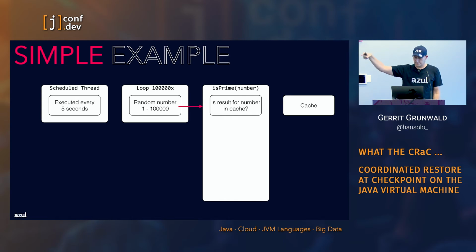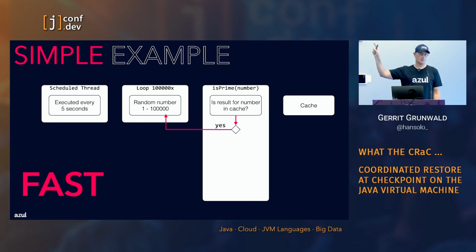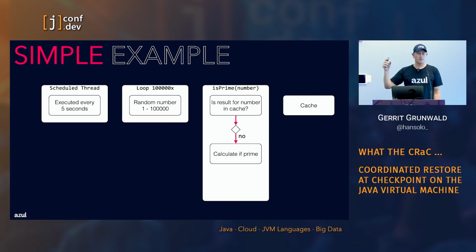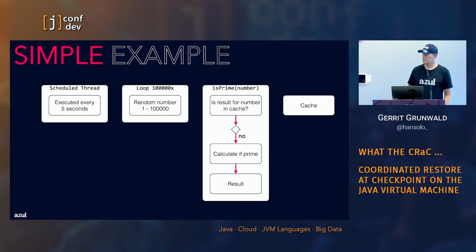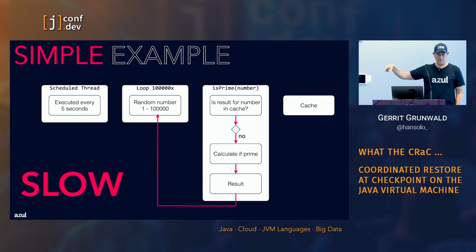In the isPrime method, the first thing it checks is whether the result of this calculation is already in the cache. If it's in the cache, it returns the result directly, and that's fast. If it's not in the cache, it calculates if the number is a prime. If you have a large number, it takes longer, right? So pretty easy. We have the result, we store it in the cache, and then we return the result. So this way it takes longer.